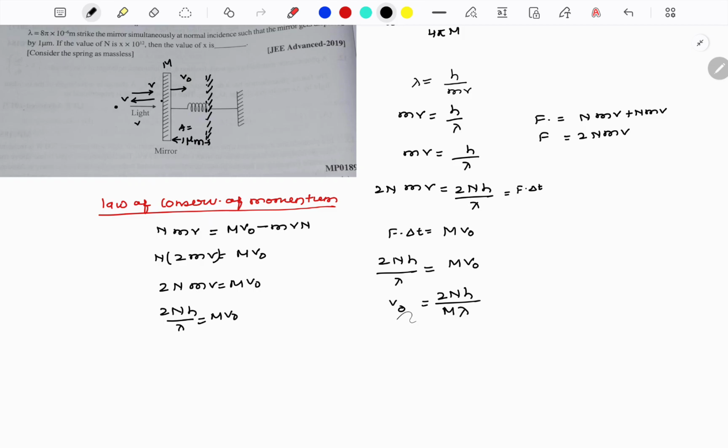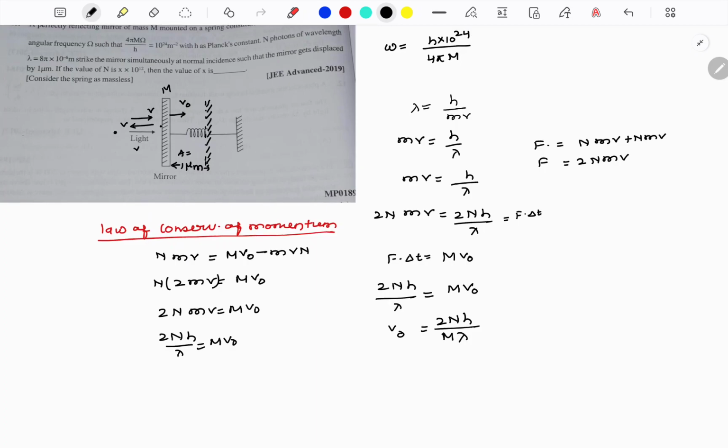So v naught we have found, but because they have said that after the collision this mirror moves by a distance of 1 micrometer, this has to be its amplitude. The position from where it has started is the relaxed position, the mean position, so there the velocity will be maximum.